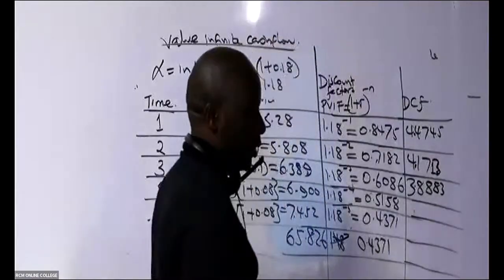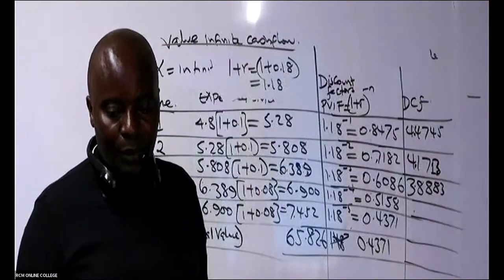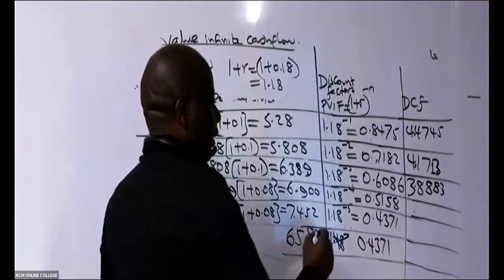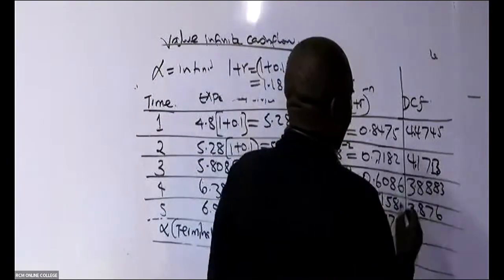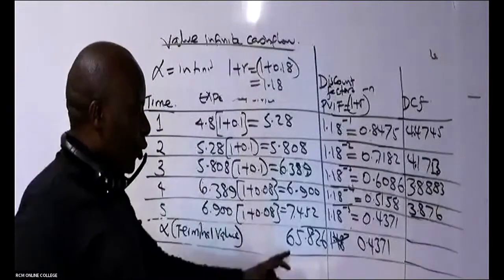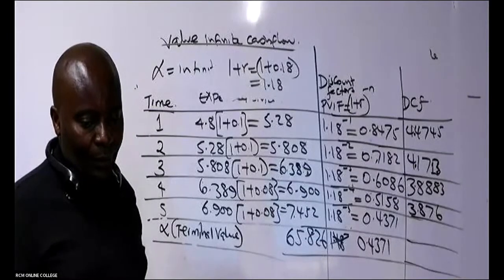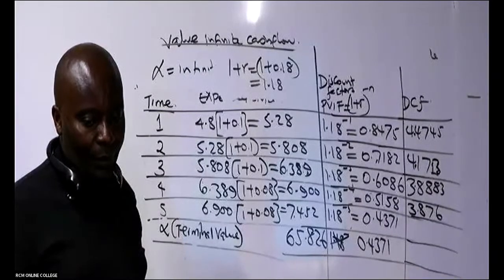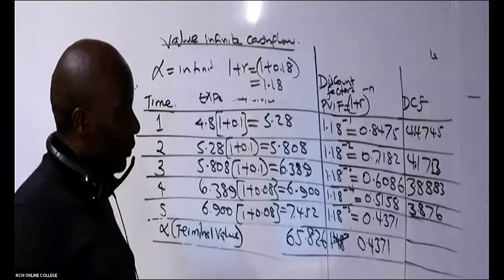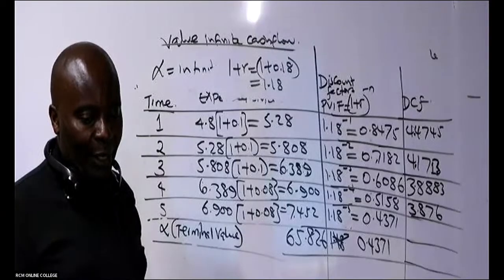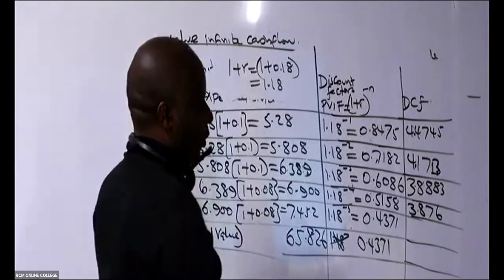Thank you so much. $38.76, I'm told. Then 74.52 times 0.4371 gives 32.57.